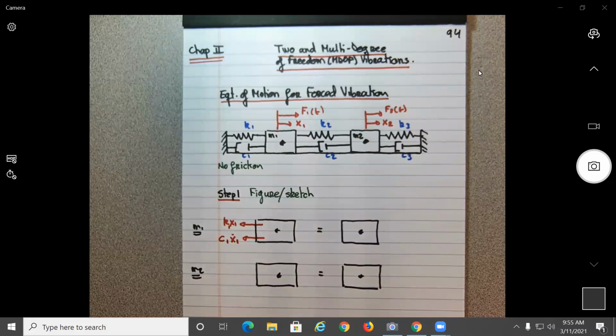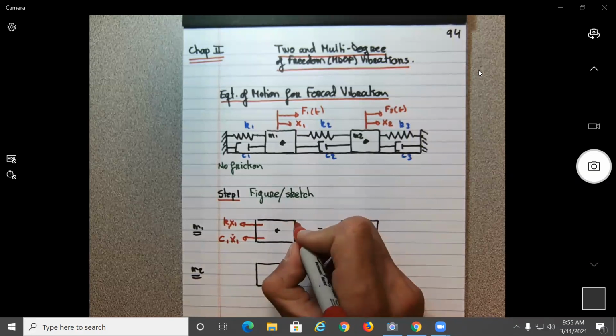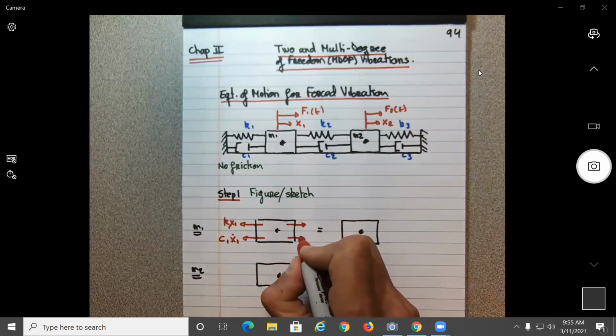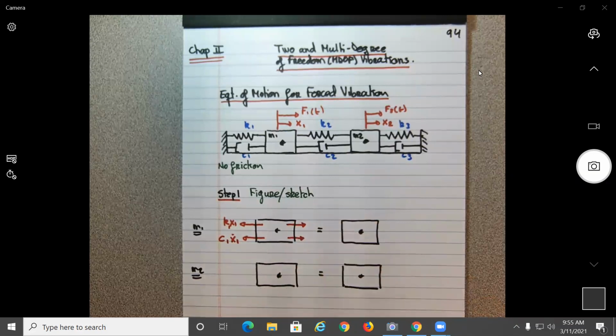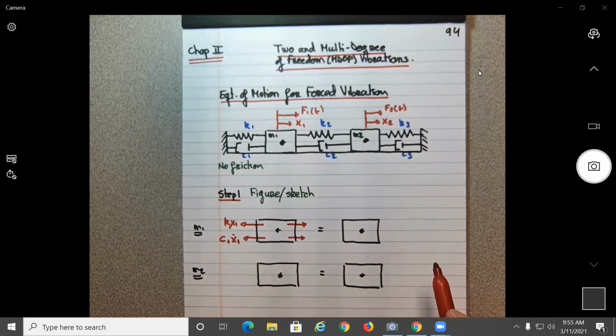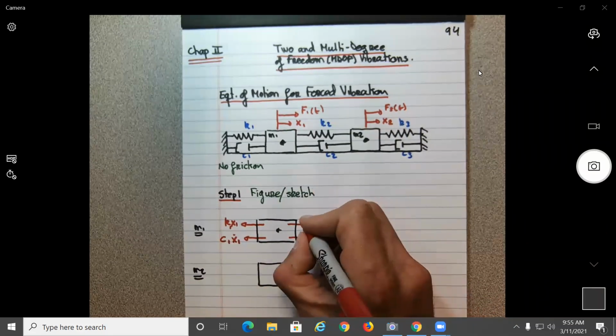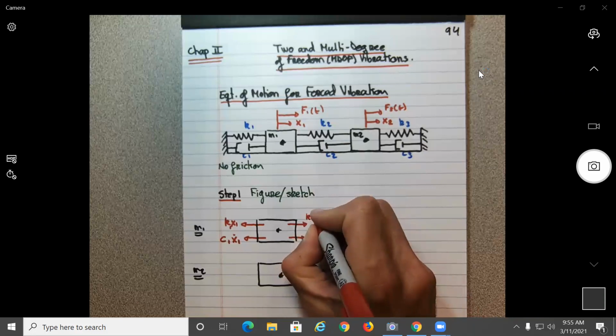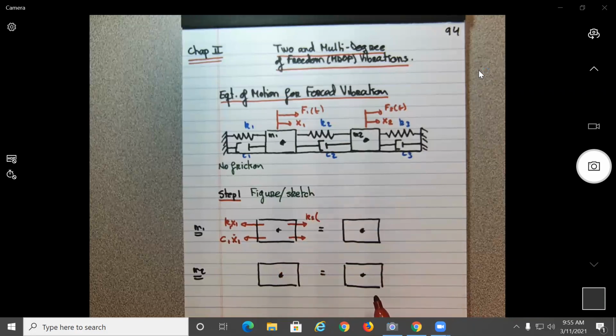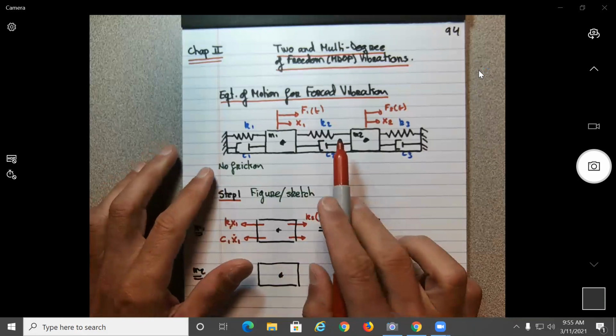Now, what we need to be careful about is here, on this side. So on this side, what are we going to have? This will be spring K2. But now this one will move how much?